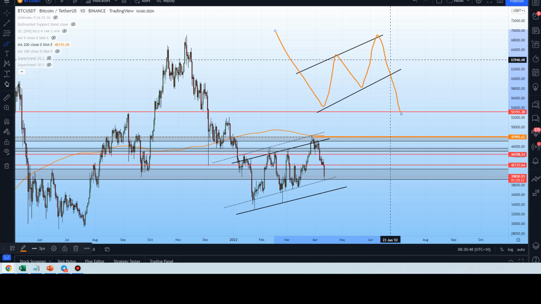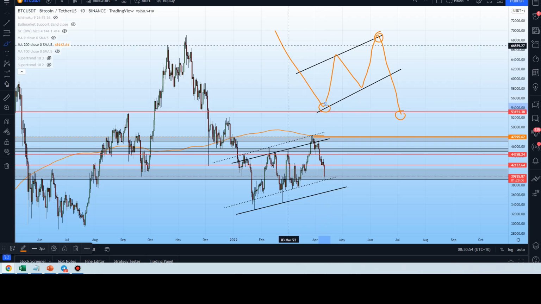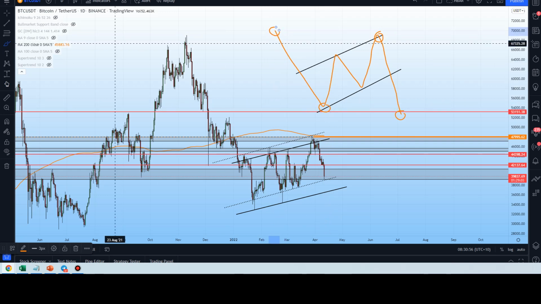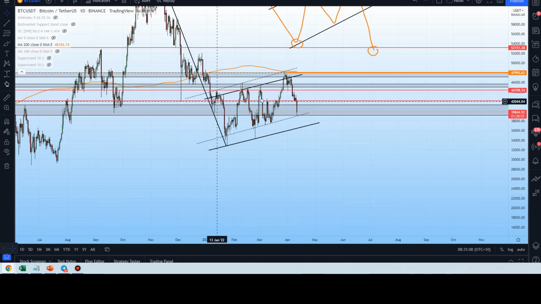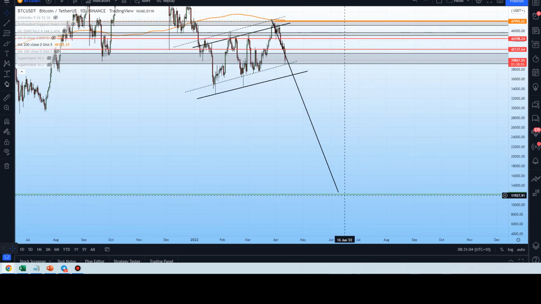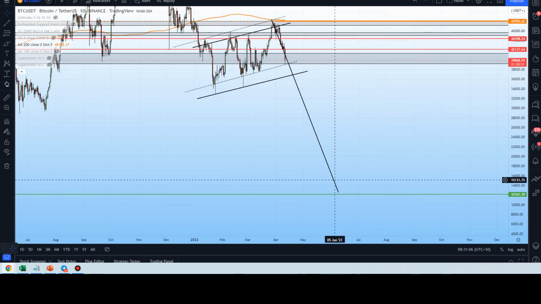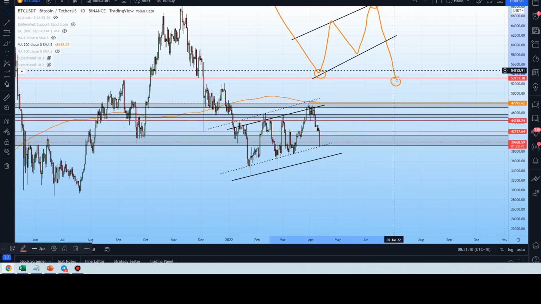Usually the distance between the apex and the low was the same distance between the initial low within the channel and the apex of the flagpole. So what we can do is take a measured move from the peak, from that apex, applying that measured move to this point here to give our price target, and it was around $12,000. So the measured move from this macro structure is 12,000 US dollars.